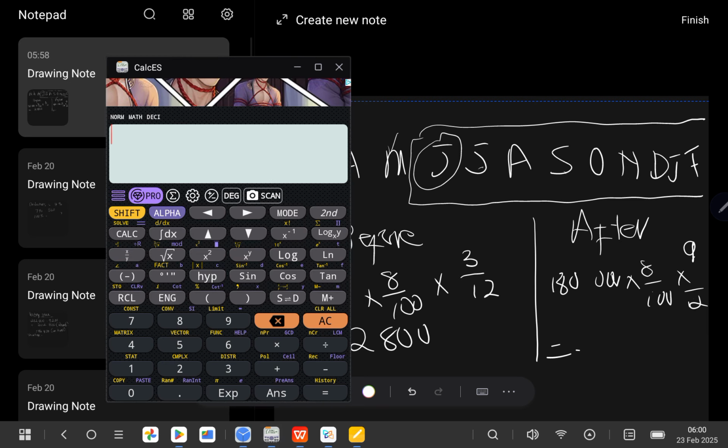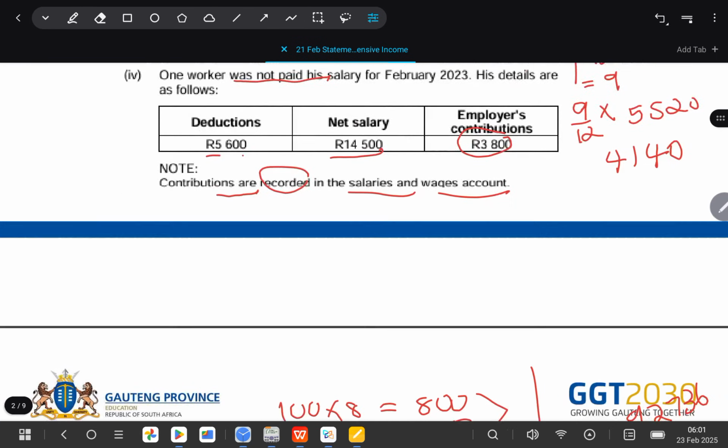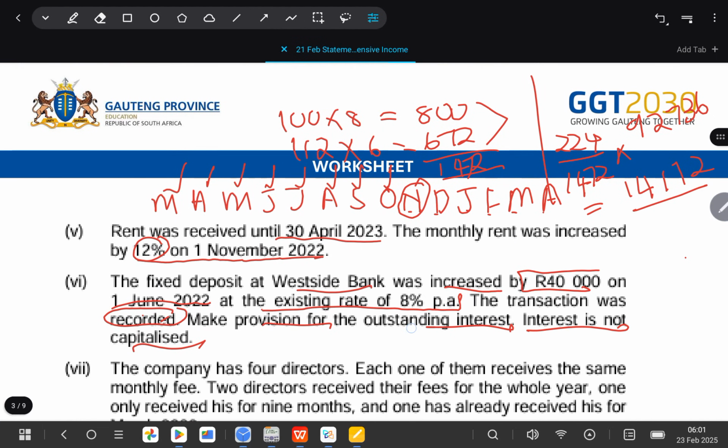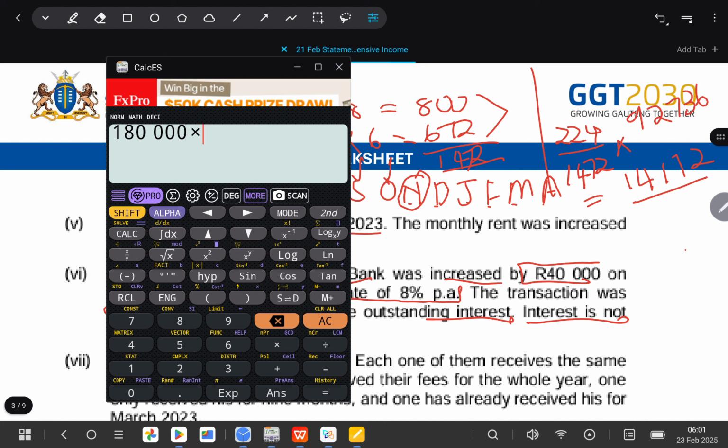Okay, let me see something. 180,000 multiply by, let me just confirm the percentage, because I think that could be the one that is making this a trick. So it's still 8%. So 180,000 multiply by 8, divide by 100, and then multiply by 9, divide by 12.